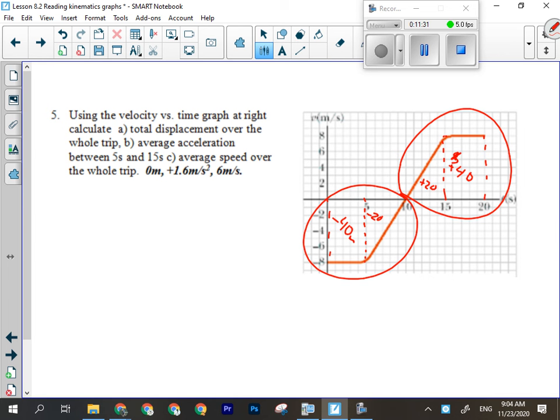I'll give you some more time for average acceleration. Remember, we talked about this. This will help you with the average acceleration part. VF minus VI over T is our formula for acceleration. Remember that that came from this.